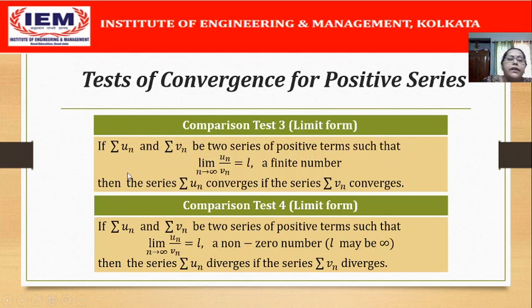So if sigma un is given to you, we choose the second series sigma vn, which will be a known series, and we will actually choose this sigma vn to be either a geometric series or the p series, which we have already seen in the last session, and we know when they are convergent and when not. So if we know about this second series and we can compare the elements of the two series, then by the comparison test we can come to our conclusion. So let us see the examples.